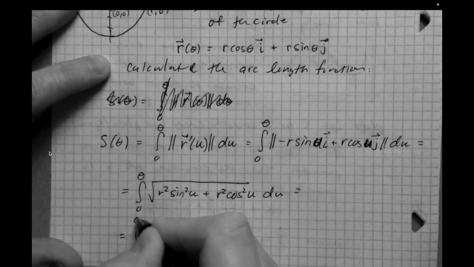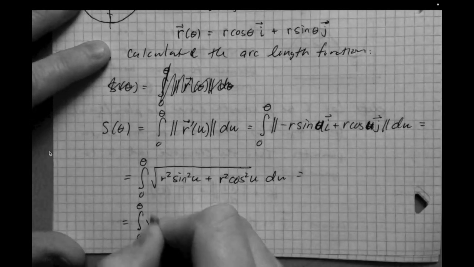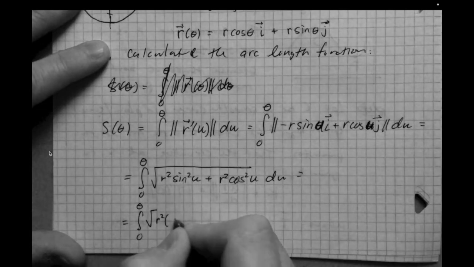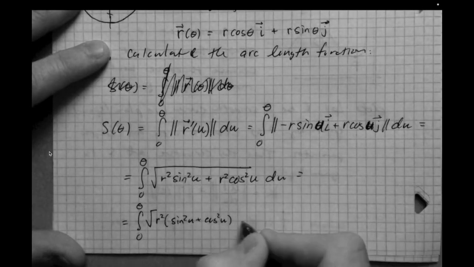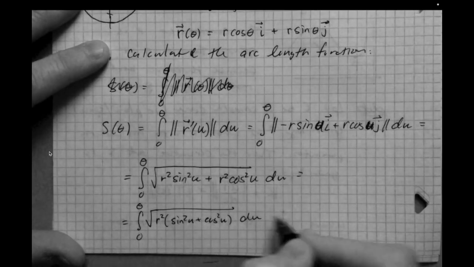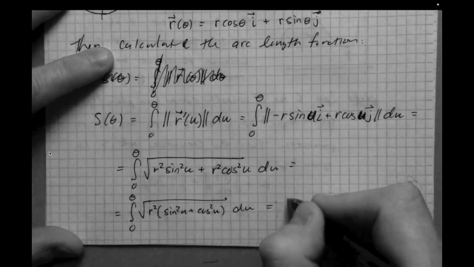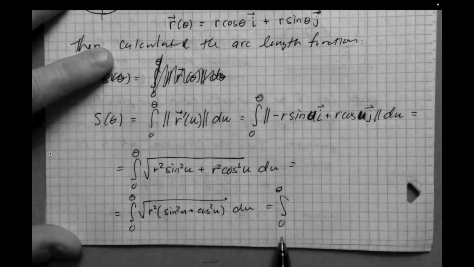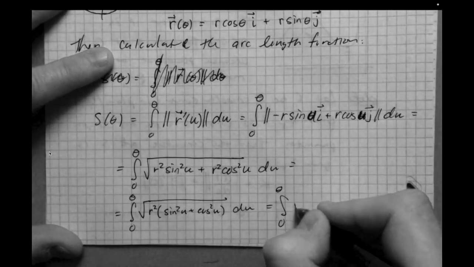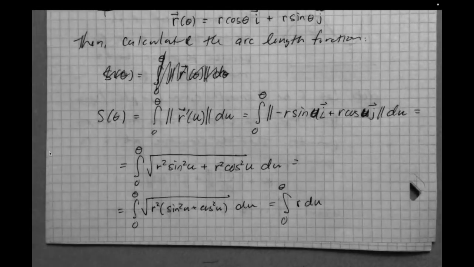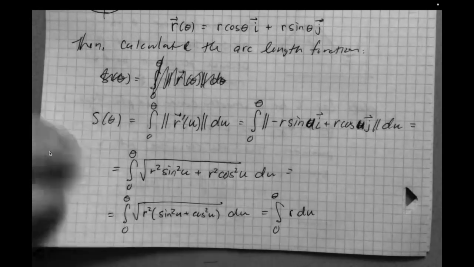So you have r squared times sine squared u plus cos squared u, and this just becomes the integral from 0 up to theta of the square root of r squared, so it's just r.